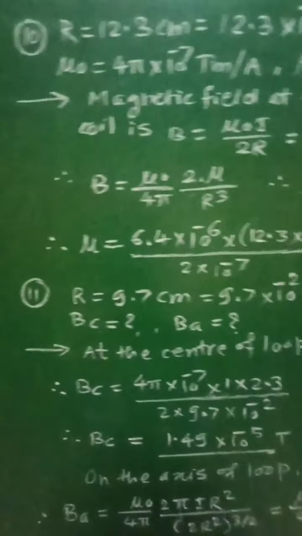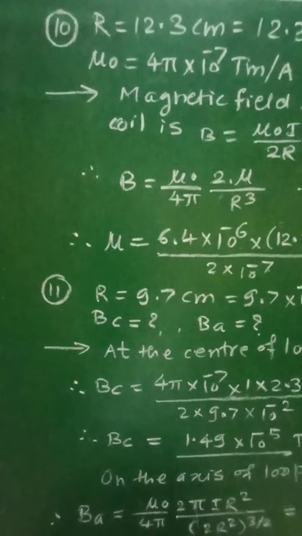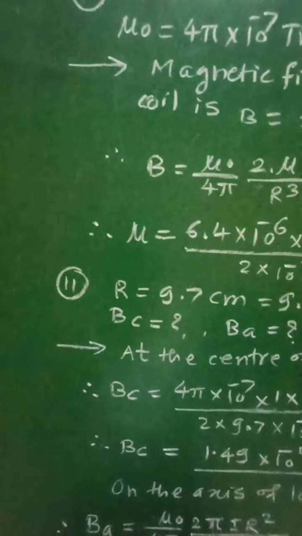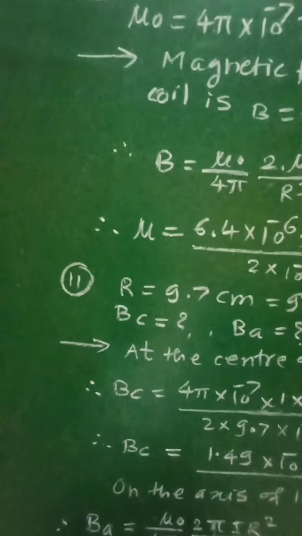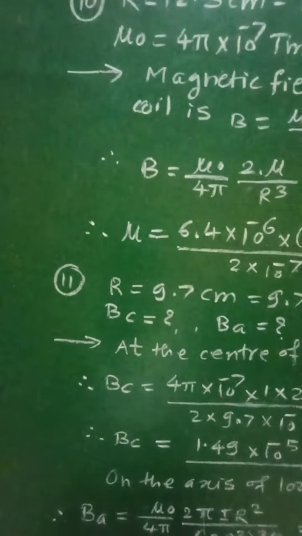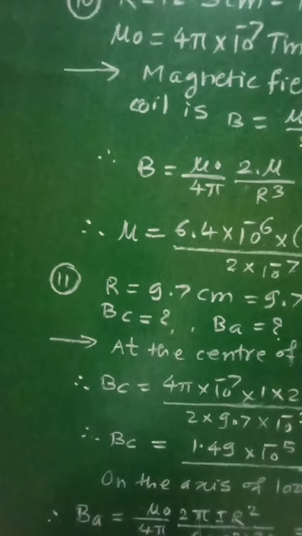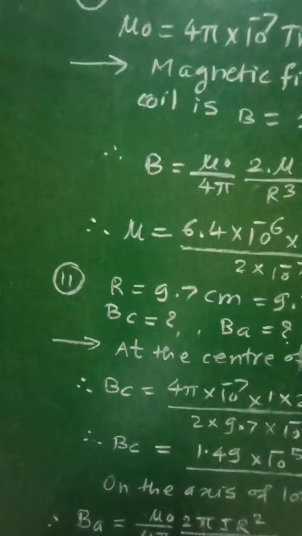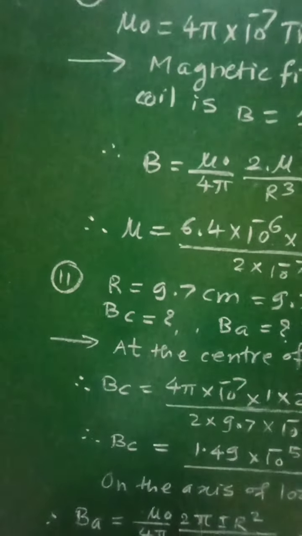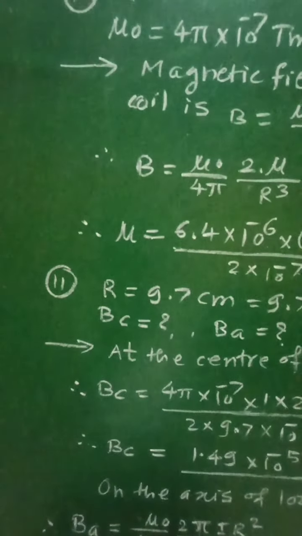Then let us go for numerical number 11, which is given as: a circular loop of radius 9.7 centimeter carries a current of 2.3 ampere. Obtain the magnitude of the magnetic field A at the center of the loop and B at a distance of 9.7 centimeter from the center of the loop but on the axis.